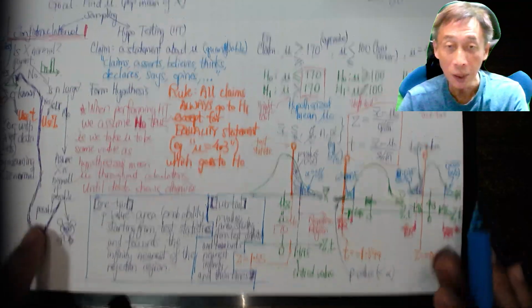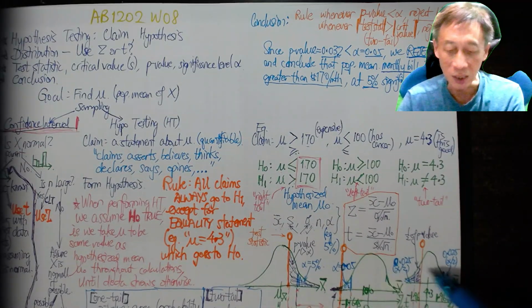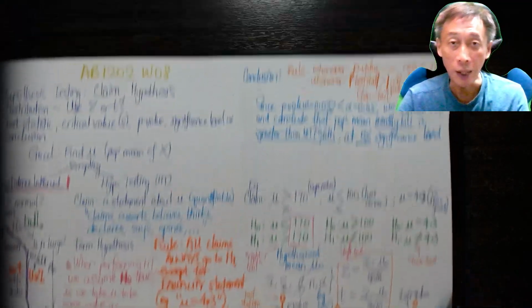Once you're done with this, you know that the test statistic is inside or outside the rejection region, or the p-value is smaller or bigger than alpha, then you can conclude.